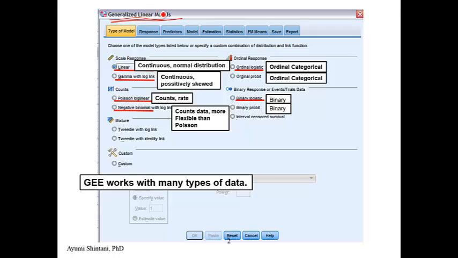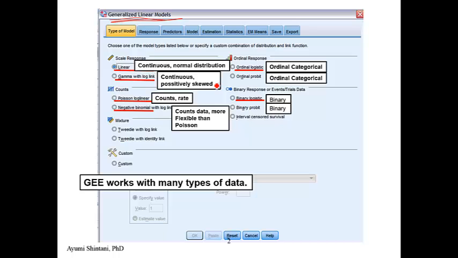These are the regressions you can do in generalized linear model, which include linear regression, ordinal logistic regression, binary logistic and Poisson regression, negative binomial regression, which is similar to Poisson regression. And there are more regressions you can do with a generalized linear model.